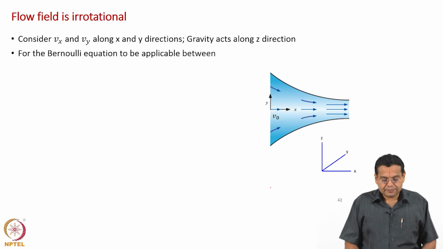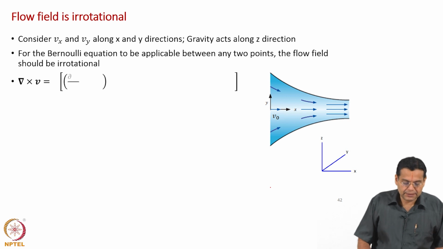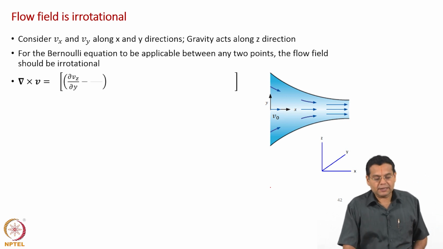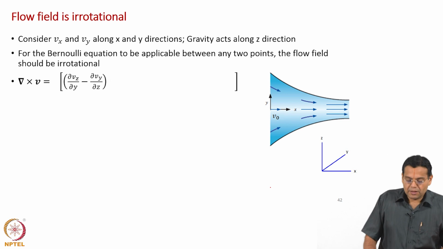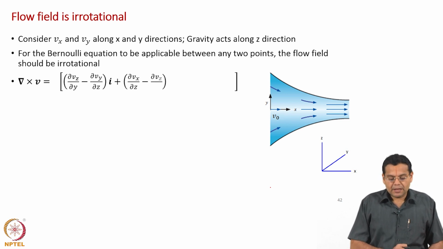Now for the Bernoulli equation to be applicable between any two points, the flow field should be irrotational. We have seen that, which means that this del cross V vector, which I expressed as shown here, has to be proved to be 0.